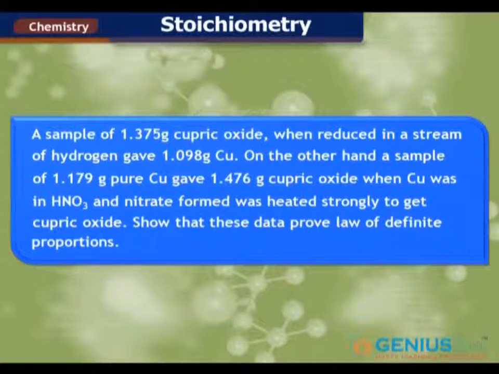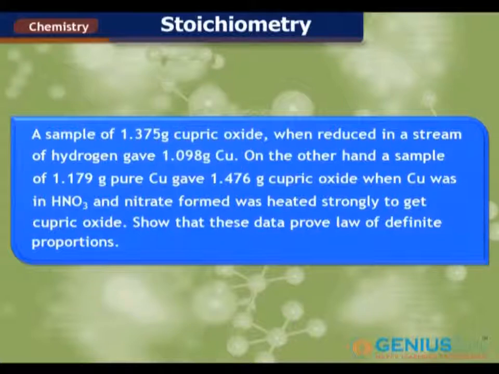So look at the solution. Here, a sample of 1.375 grams of cupric oxide. So 1.375 indicates the amount of cupric oxide present. How much copper is present in this experiment? 1.098 grams.